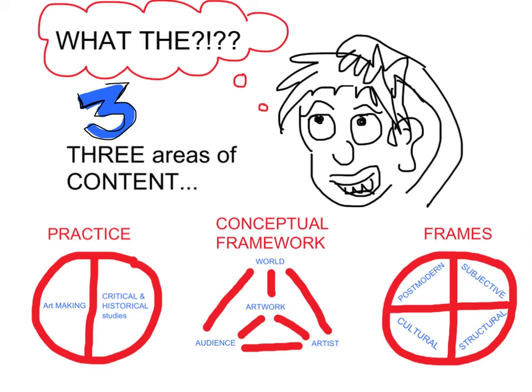Now, practice can also refer to critical and historical studies. There is a key difference between these two forms of studies. Firstly, critical or art criticism is looking at interpreting the visual arts by investigating or writing about artists, their artwork, styles, and audience responses. The key element to critical studies is that there is a judgment being made.